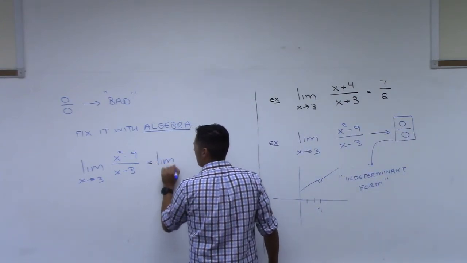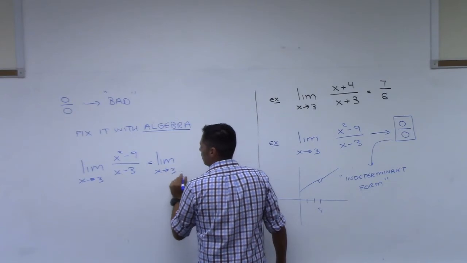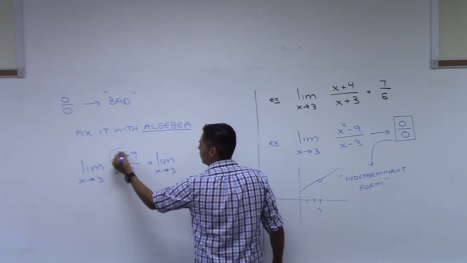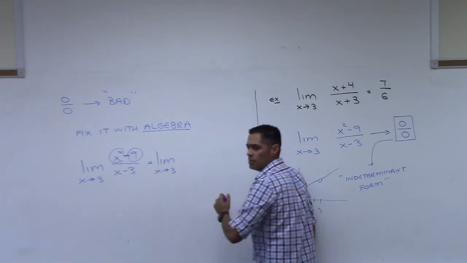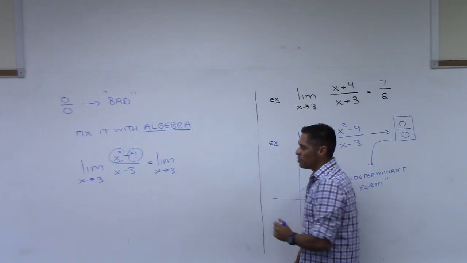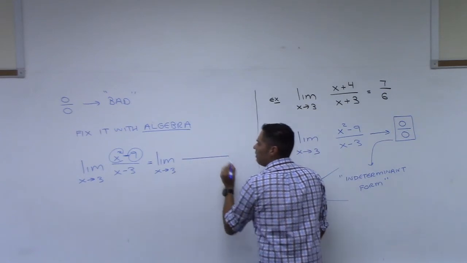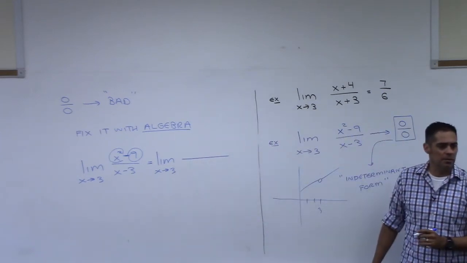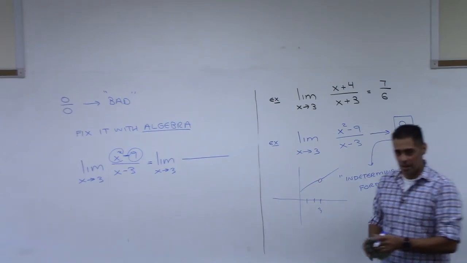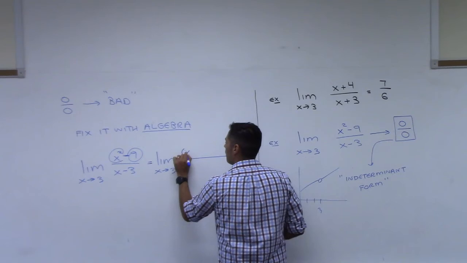We have a special name for it. Difference of squares. Does that look familiar? A difference of squares can factor. How would that numerator factor? x plus 3, x minus 3. Good.